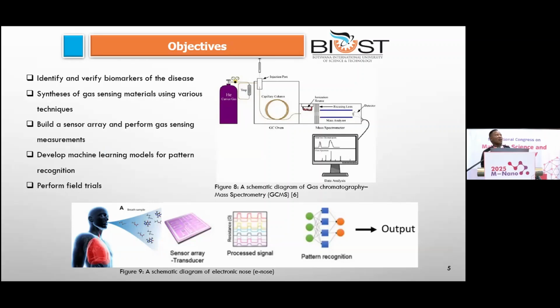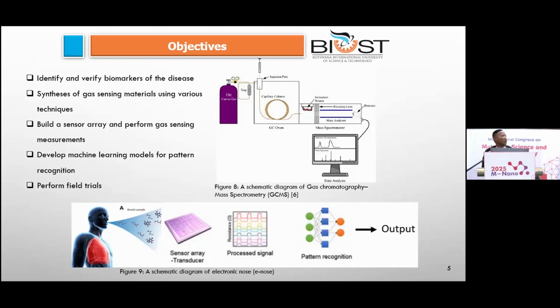Then these compounds enter the mass spectrometer, where they are ionized and analyzed using the mass analyzer. From there, each compound has a mass spectrum. After identifying and verifying the biomarkers, we synthesize the gas sensing material using various techniques like chemical vapor deposition, that's CVD, and others.